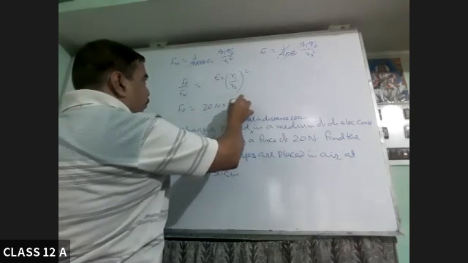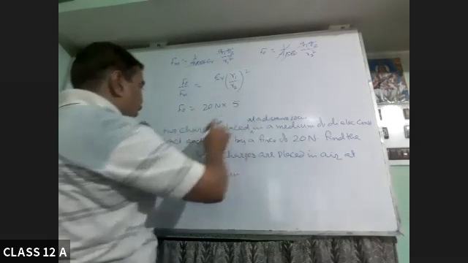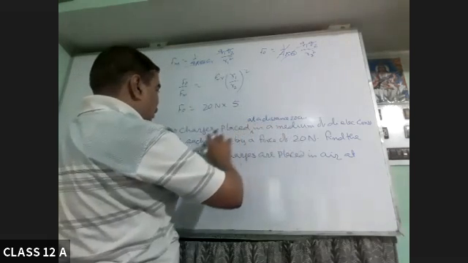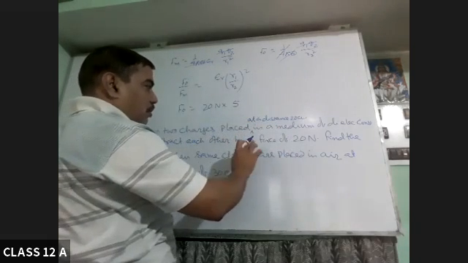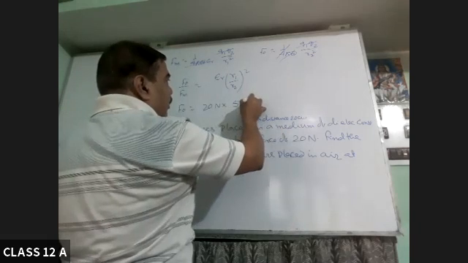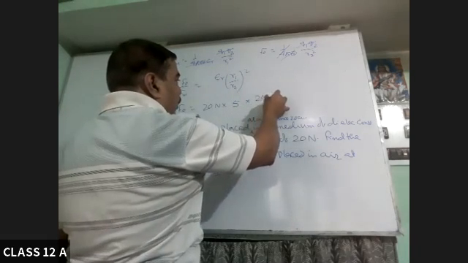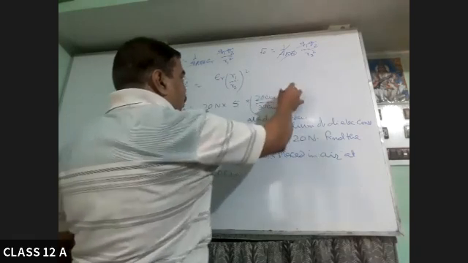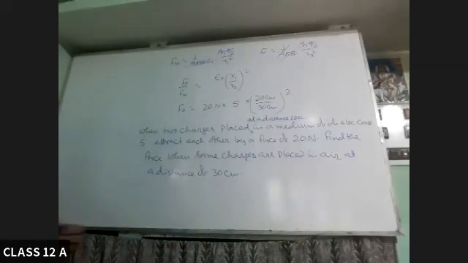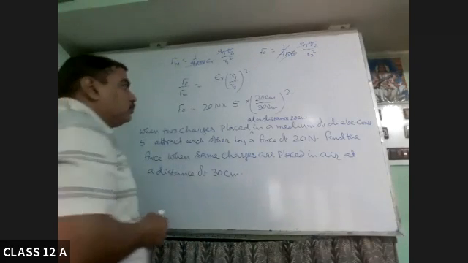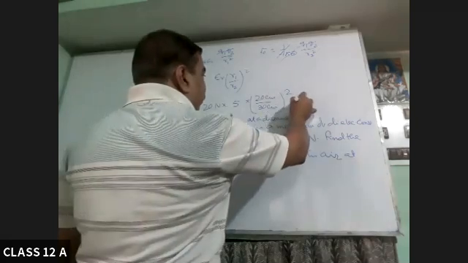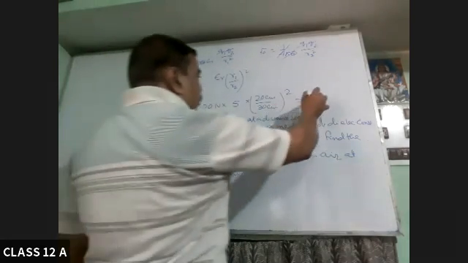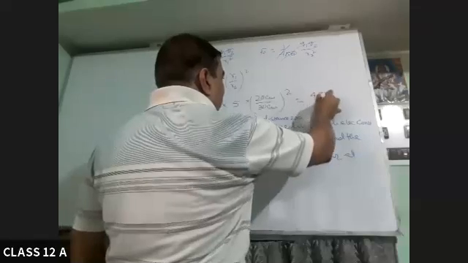Epsilon r is given 5. R1 we have taken the medium, that is 20 centimeter. Both are in centimeters, so no need to change. So how much will it come? 400 by 9 Newton.